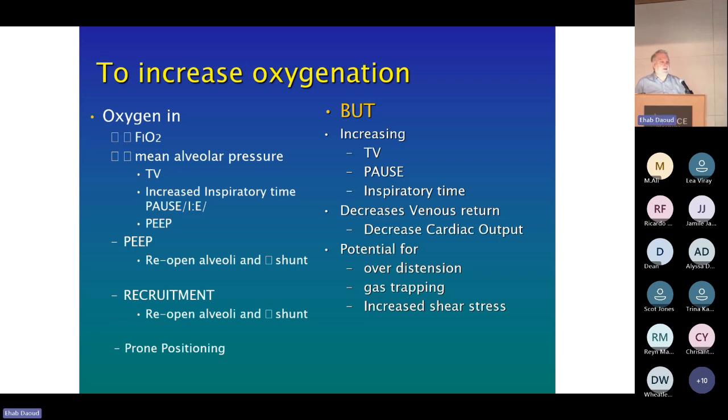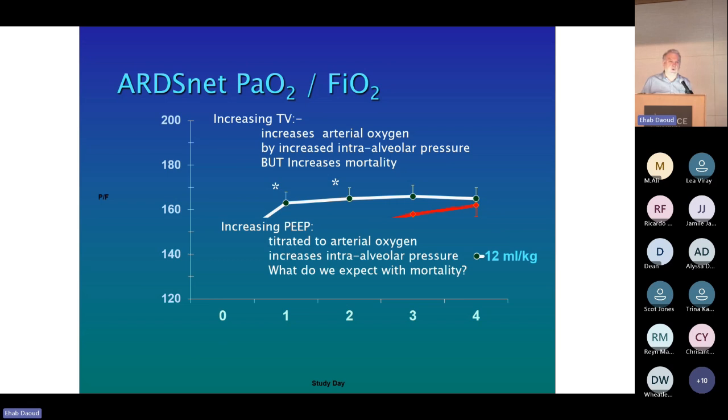Now, if you go back to the ARDS study, in the first 4 days, patients were enrolled in the ARDS study. Those with the larger tidal volumes of 12 mLs per kilogram had better oxygenation characteristics than those that had 6 mLs.